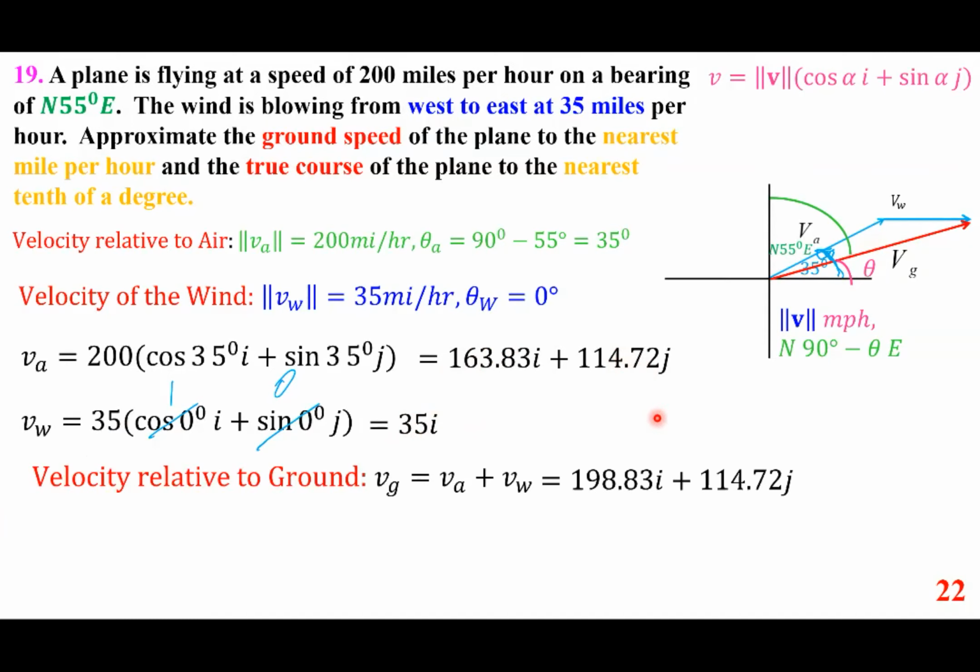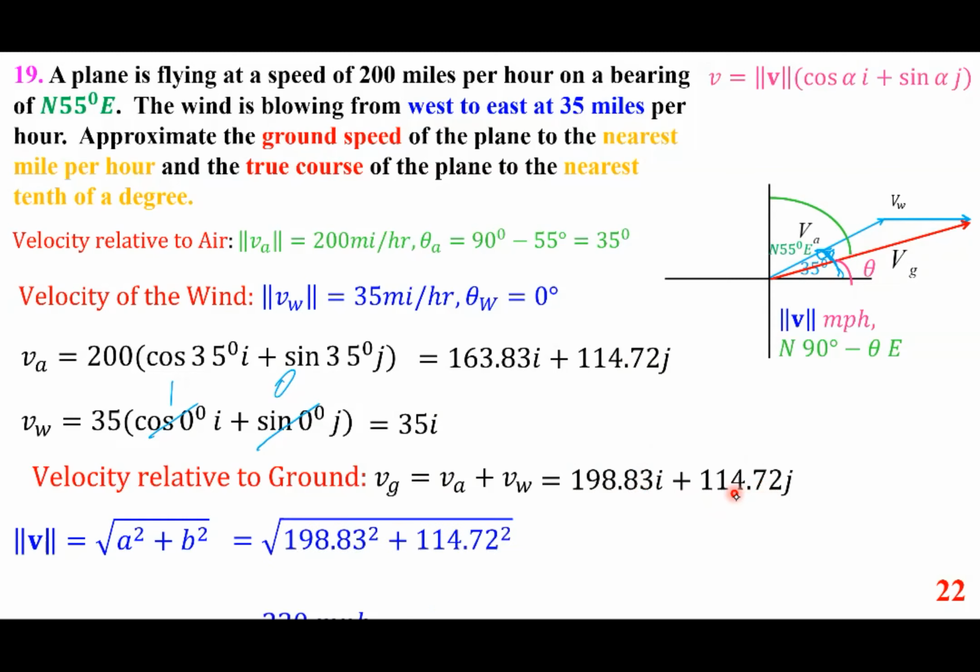So we want this magnitude. That means we are going to use square root of a squared plus b squared. That means square this number and square this number, add them up, take a root, and use a calculator. It's about 230 miles per hour.